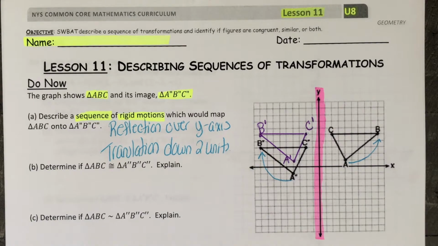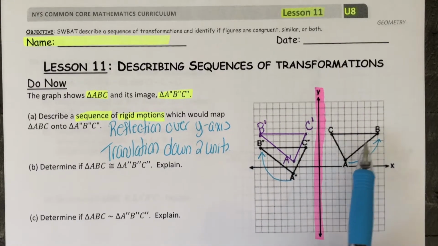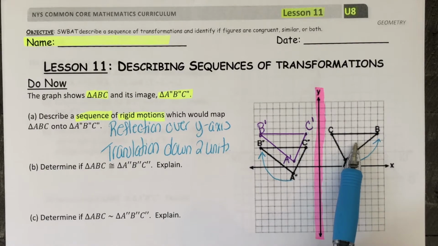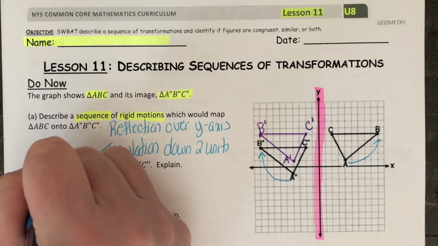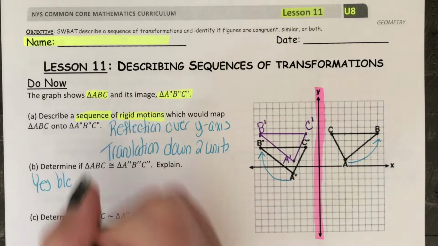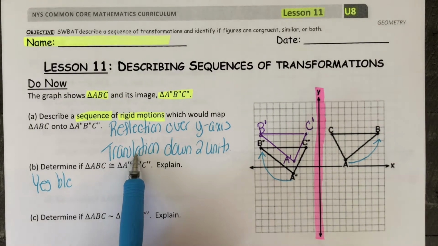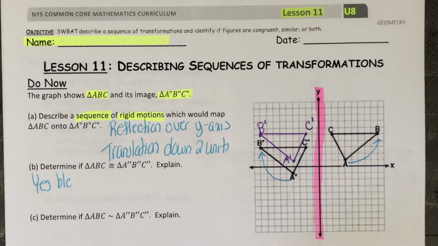Part B says determine if those 2 triangles are congruent. Is my pre-image ABC congruent to my double prime triangle? You would say yes. They're congruent because a reflection and a translation are both rigid motions, and they preserve everything.